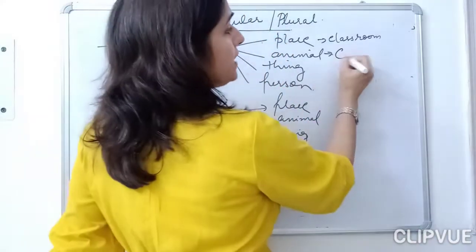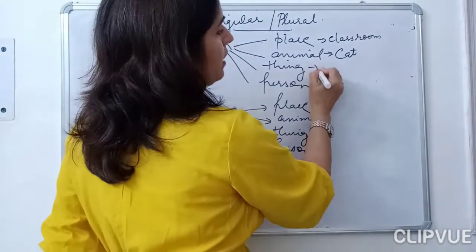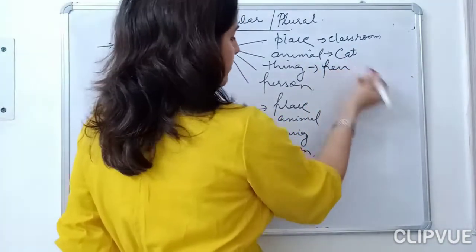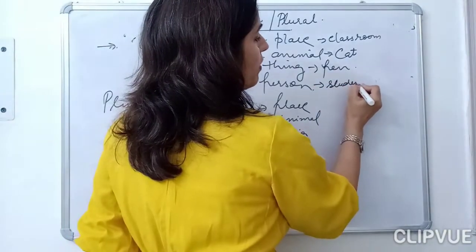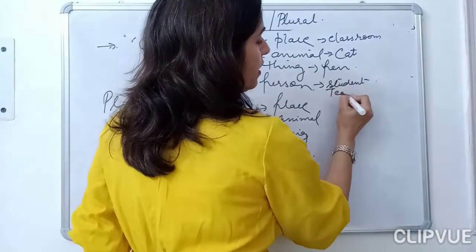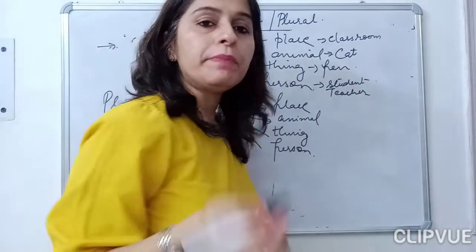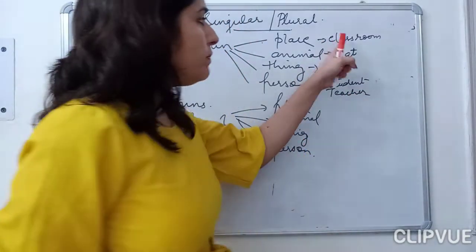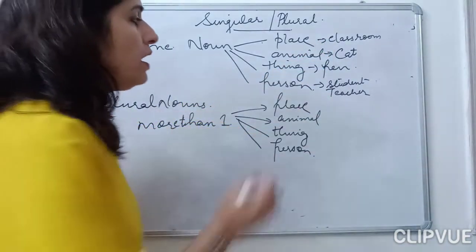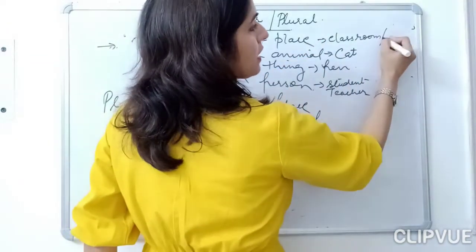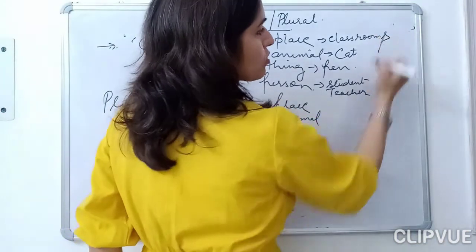Animal, let's take a cat or a dog. Thing, let's take a pen. Person, let's take a student, a teacher. They are all people. Now, if I make them from singular to plural, children, how will it be? Classroom, it will become classrooms.